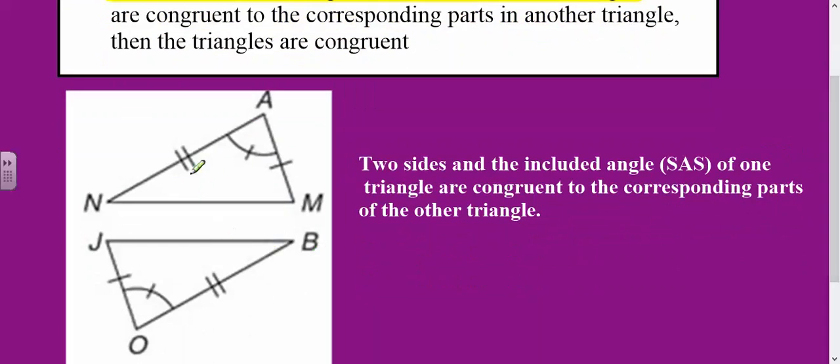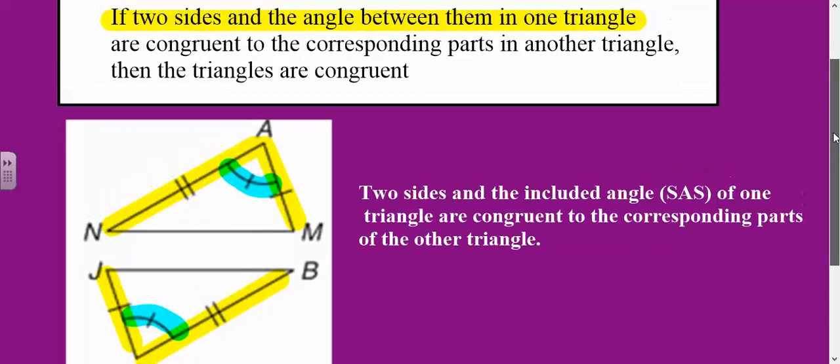So if you look at the picture, we've got this side congruent and this side, a 1 hash and a 2 hash. And then the angle in between those two sides is also congruent. So that means those two triangles, with only knowing those three things, are congruent.